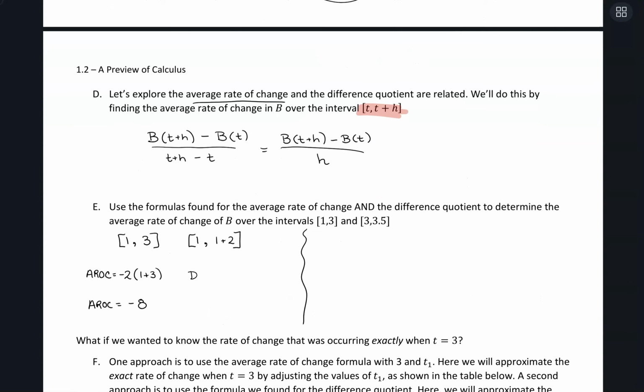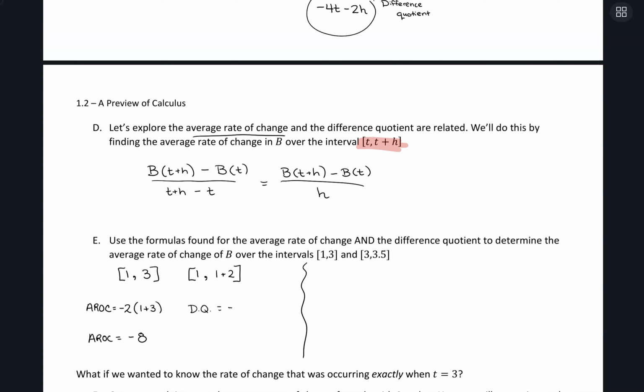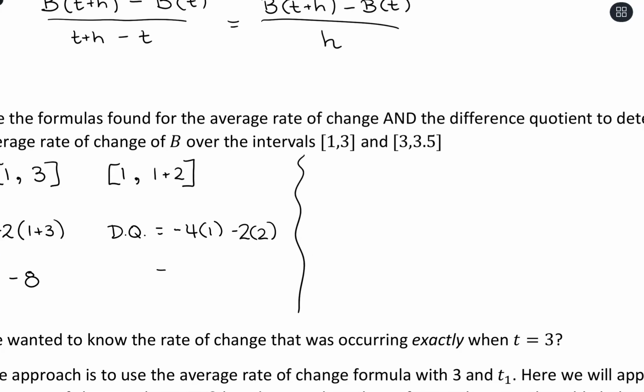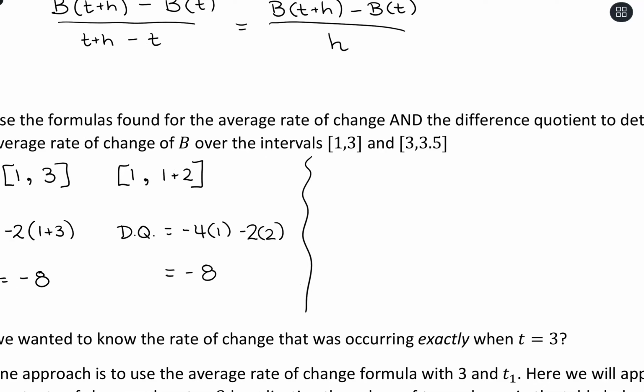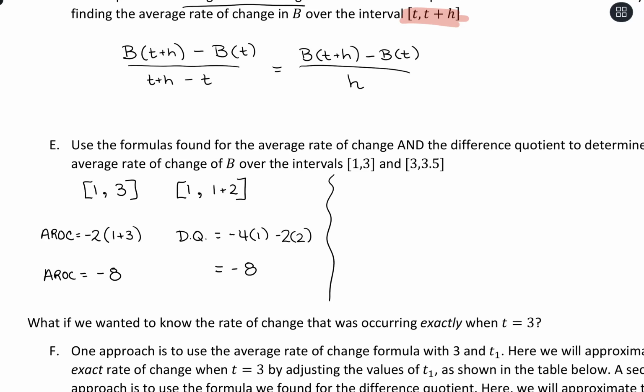So using that difference quotient, we would plug it in as -4, and then we would have t is 1, minus 2 times h, which our h would be that plus 2, which would be a -4 minus 4, which is also -8. So it's measuring the same thing, just with these two different notations.